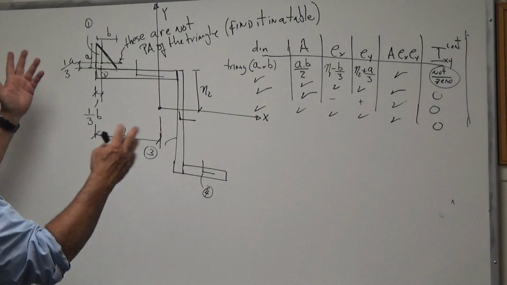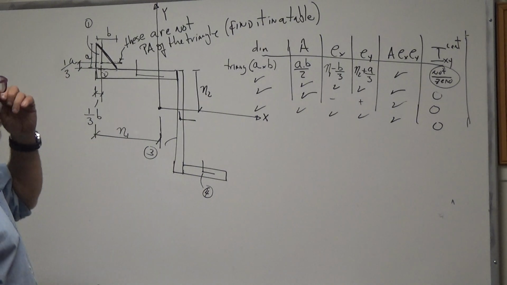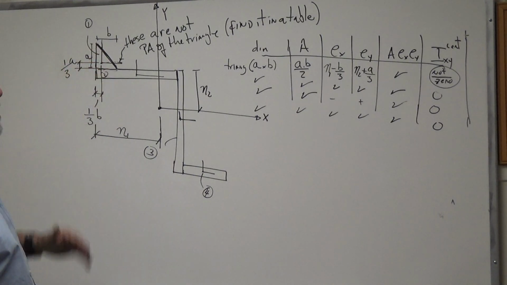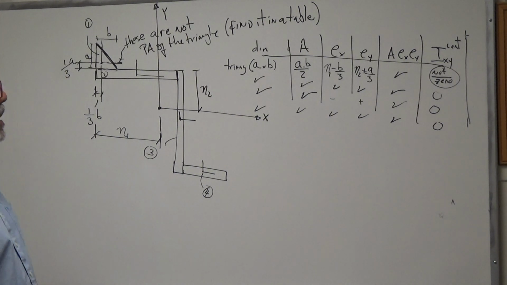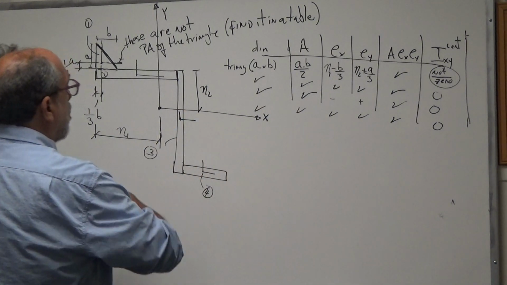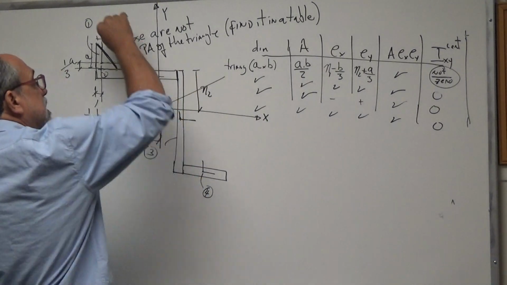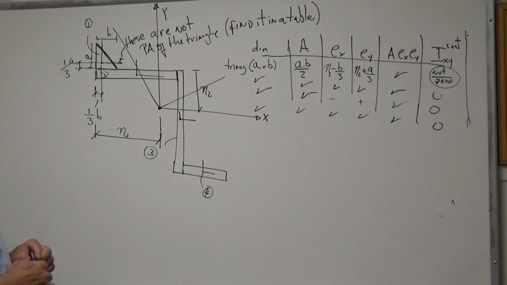Otherwise you'd have to integrate and so on, but that would be impractical. So basically you get that from some table, okay? And then that's the IXY calculation. Once you have that, everything follows the same way. You plug into the formula, and you would find that the principal axes have a certain rotation and so on, okay?